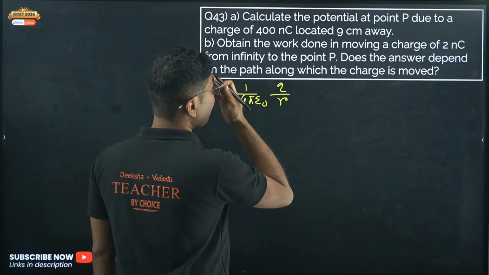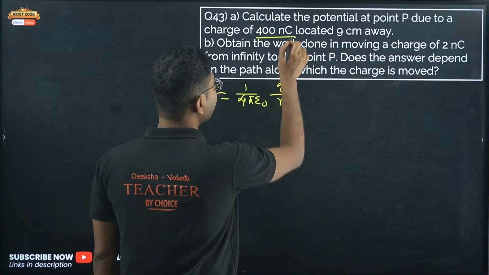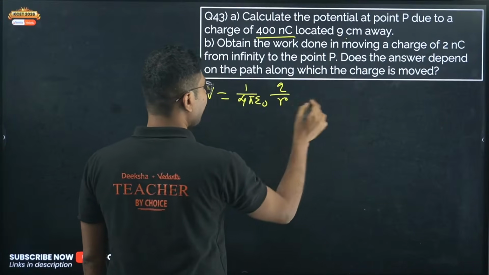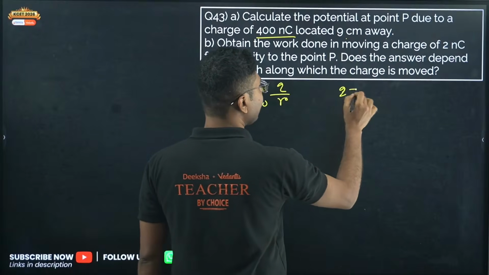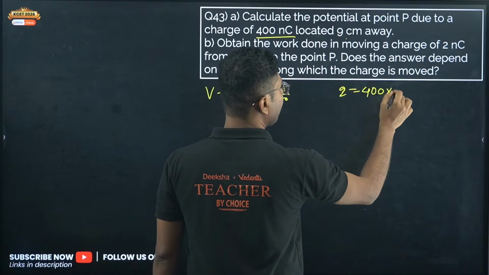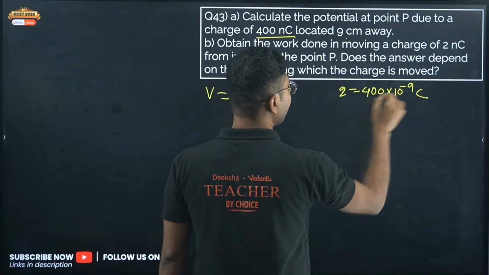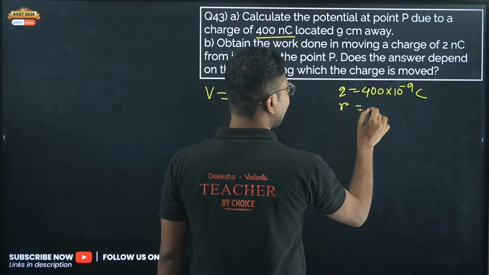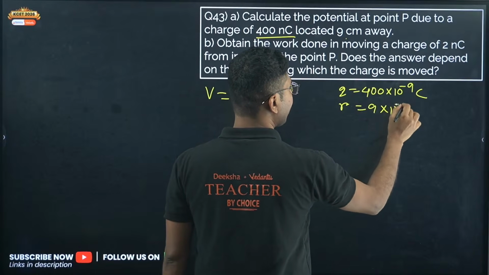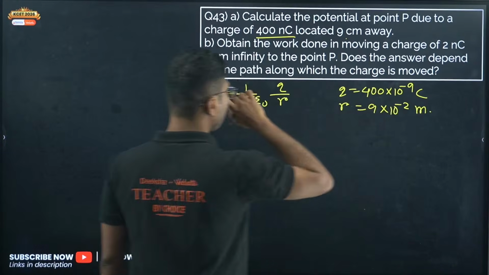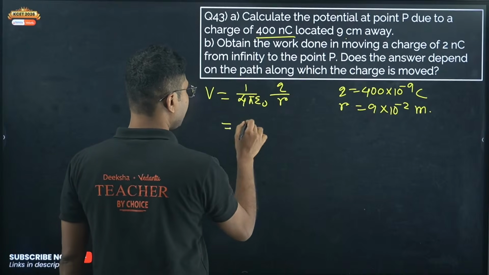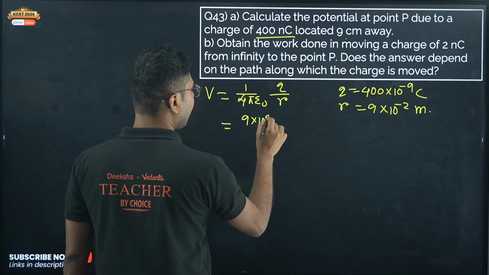So potential at point P due to a charge of 400 nanocoulomb located 9 centimeter away. Here Q is 400 into 10 to the power of minus 9 Coulomb. Distance is 9 centimeter, that is 9 into 10 to the power of minus 2 meters. And 1 by 4 pi epsilon naught is 9 into 10 to the power of 9.